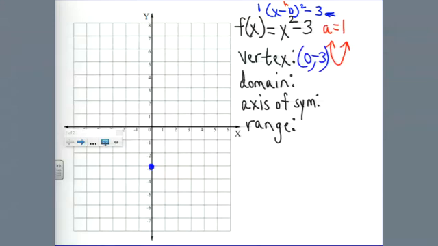The domain, you can plug in anything that you want to for x and get a real number for y, or f of x. So the domain is all real numbers. Or in interval notation, from negative infinity to positive infinity.